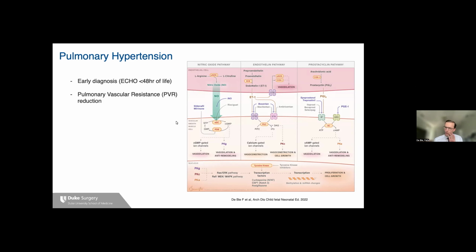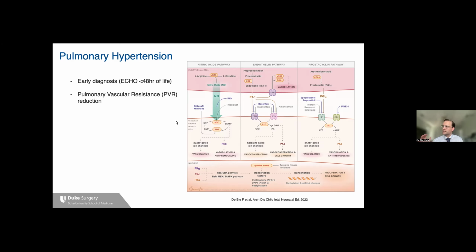The ones that are most relevant in our context here today is sildenafil, which is basically Viagra, a PDE5 inhibitor, to achieve pulmonary vasodilation. Inhaled nitric oxide has also been used. It's very expensive and has no clearly shown benefit in CDH.